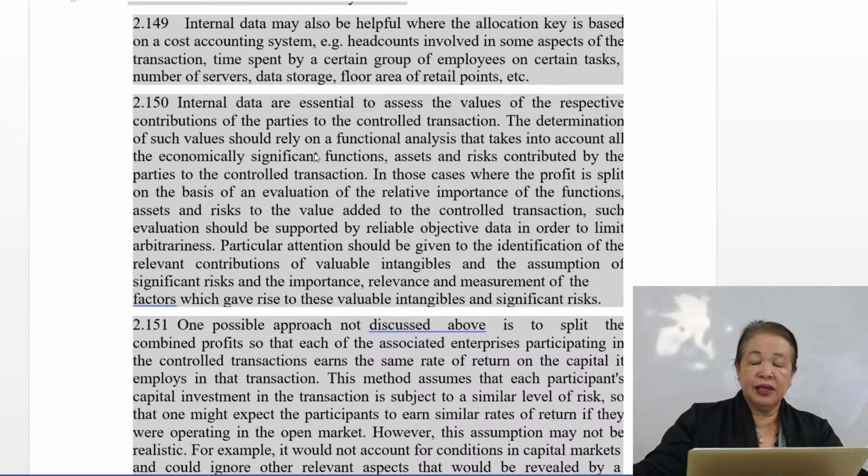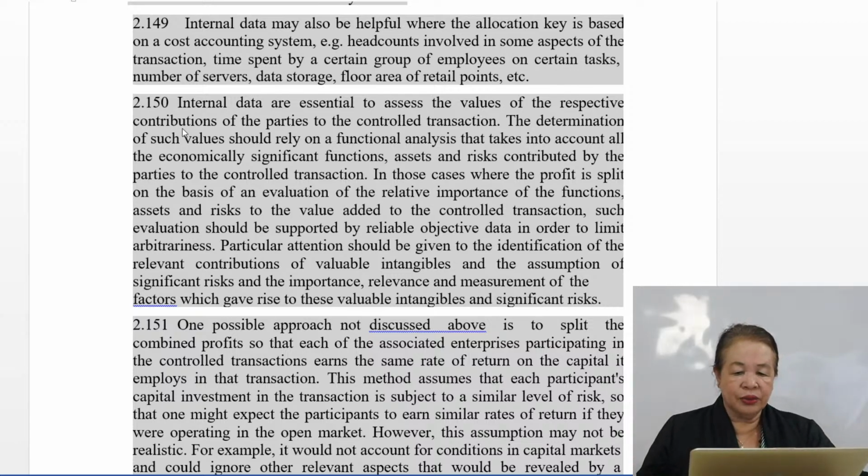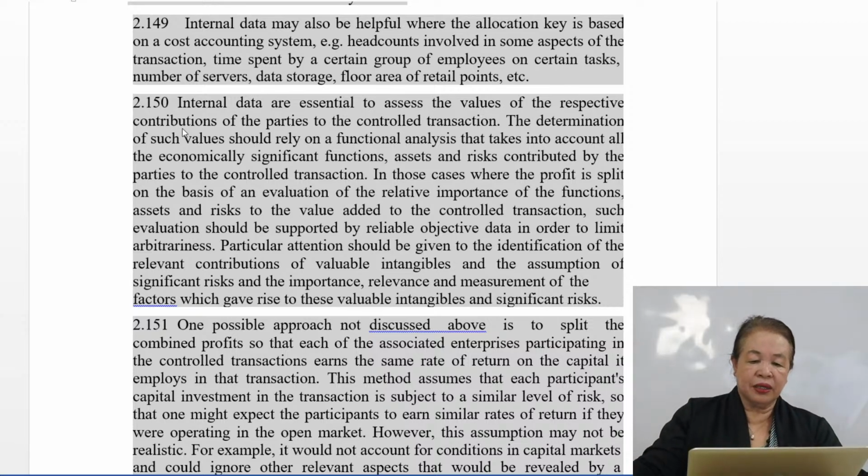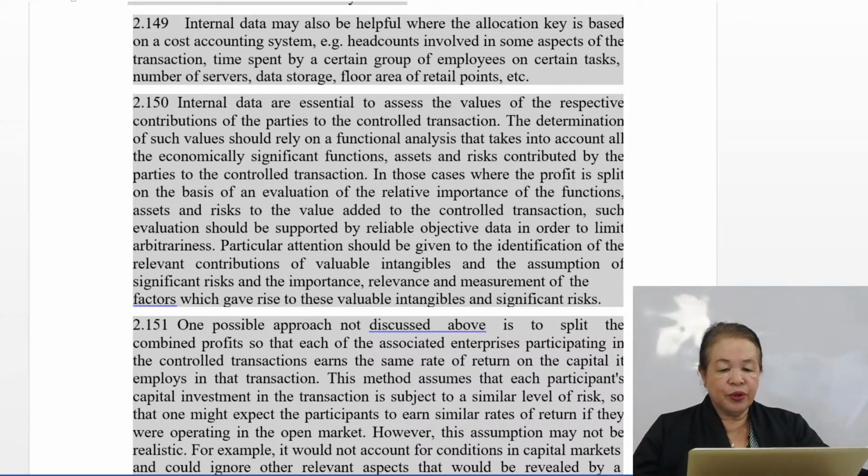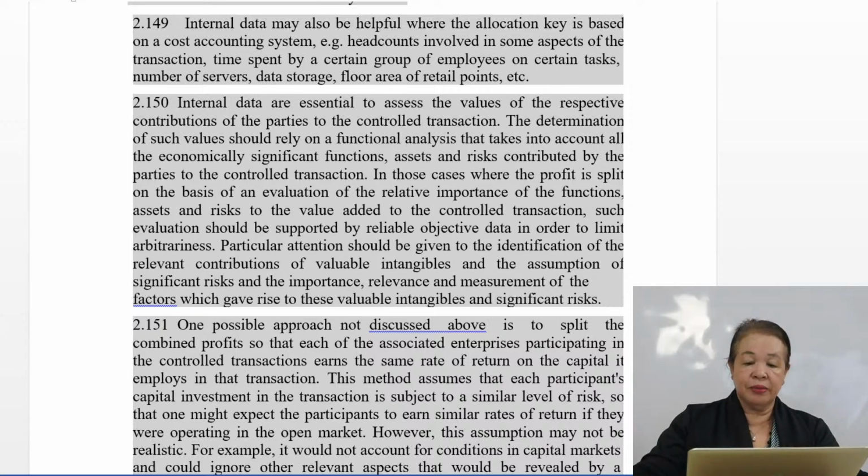No? So, internal data, why? Kasi ito yung, sabi na natin, ito yung magiging basis mo in the computation of the net profit. The determination of such values should rely on a functional analysis that takes into account all the economically significant functions, no? So, ano pa? Assets and risks contributed by the parties to the controlled transactions. And in those cases where the profit is split on the basis of an evaluation of the relative importance of the functions, assets and risks to the value added to the controlled transaction, such evaluation should be supported by reliable objective data in order to limit arbitrariness, no?